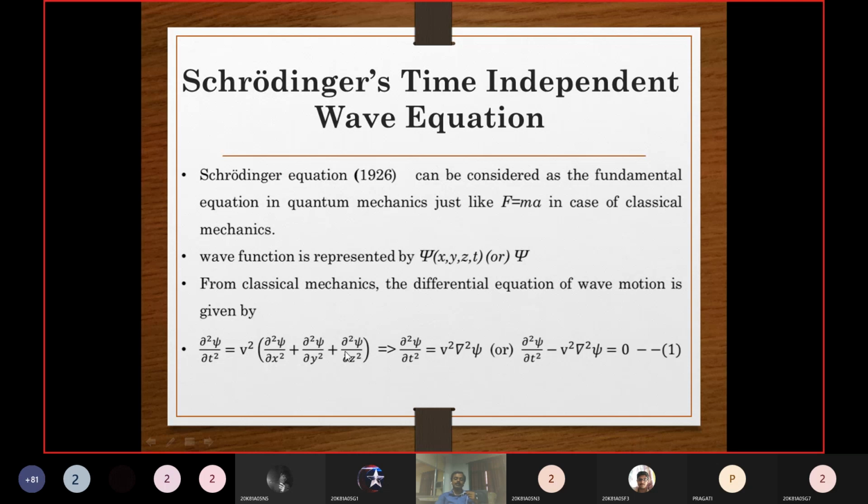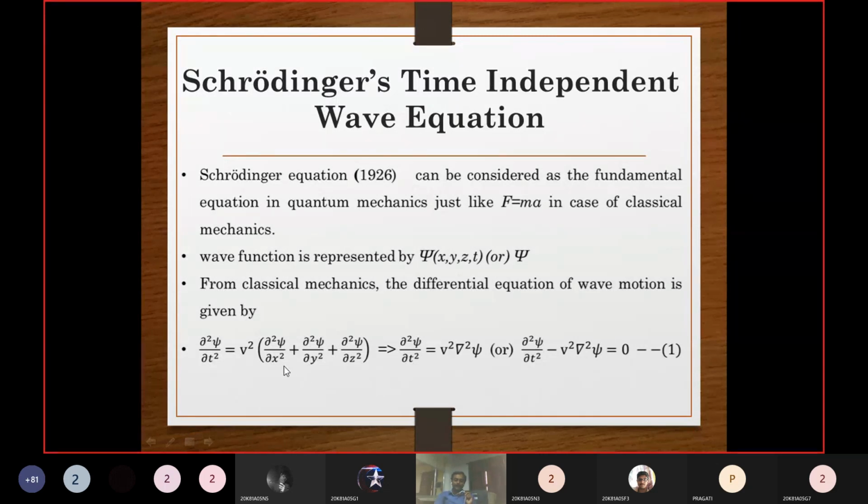We call this del square psi, where del square is the Laplacian operator. This is the fundamental wave equation according to classical mechanics, proposed by Maxwell.